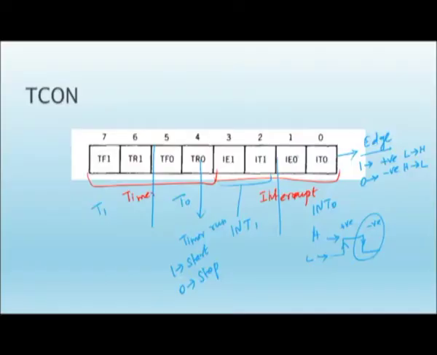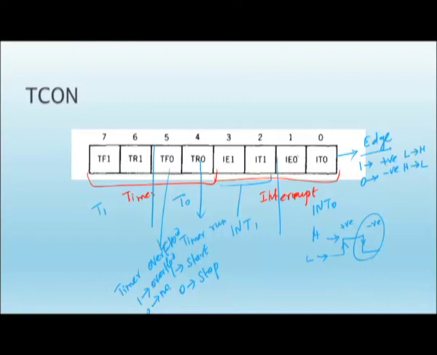When the count reaches the maximum value, it will automatically indicate the timer overflow flag. TF0 is the timer overflow. When the bit is 1, overflow has occurred; when the bit is 0, there is no overflow.